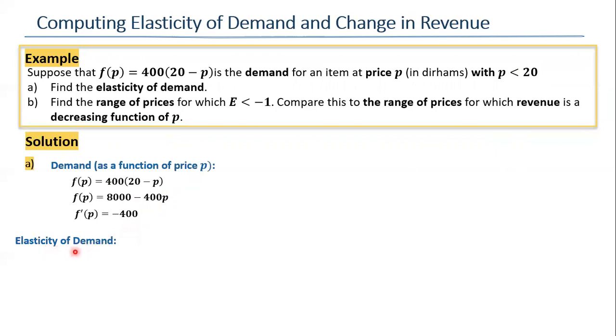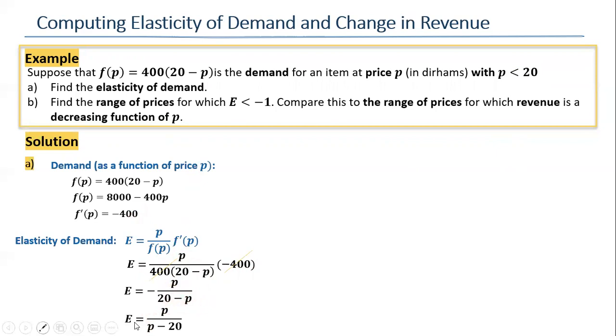Elasticity of demand has a formula, so now we will substitute: f of p equals 8,000 minus 400p, the general form, times f prime, which is negative 400, so we can eliminate 400 with 400. We'll get negative 1 times p over 20 minus p.